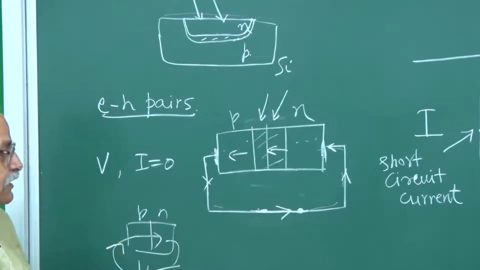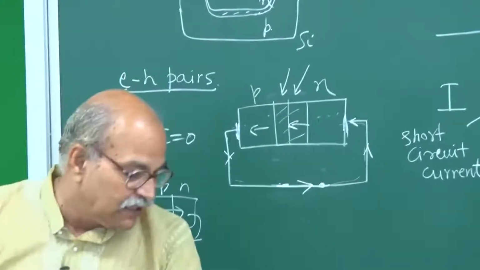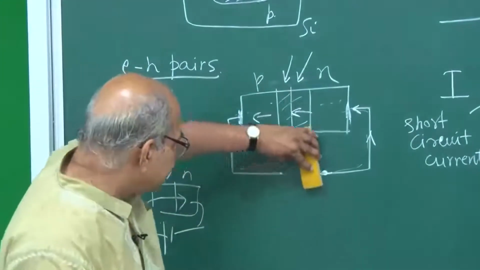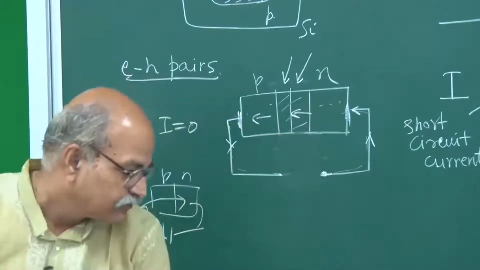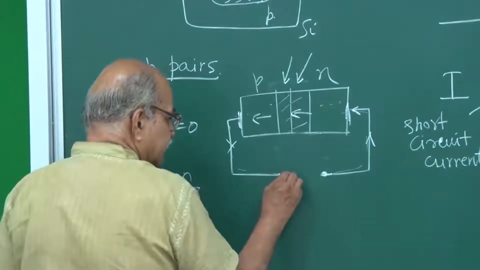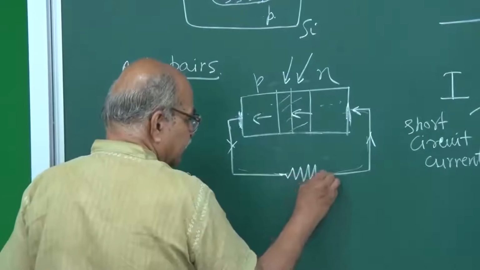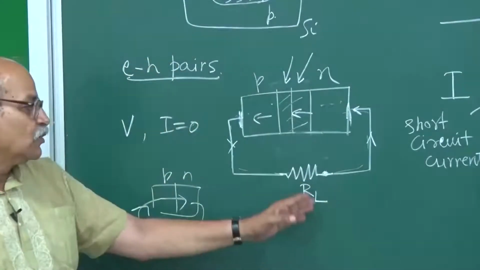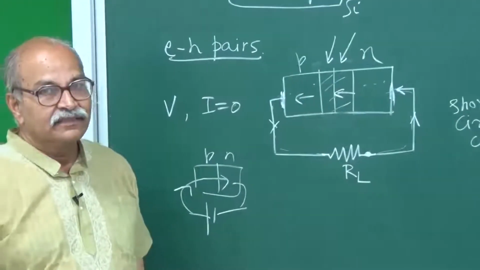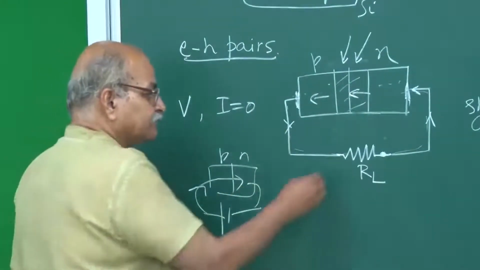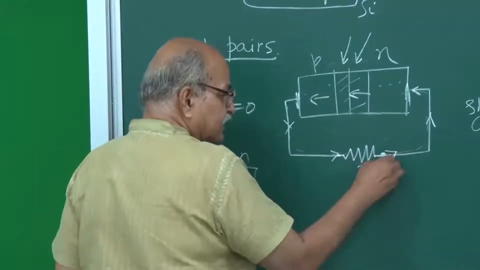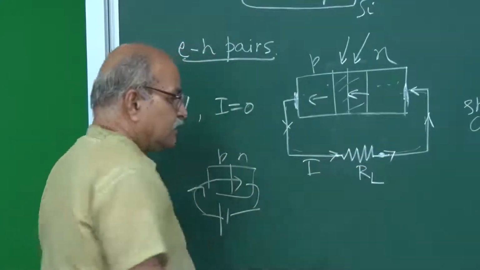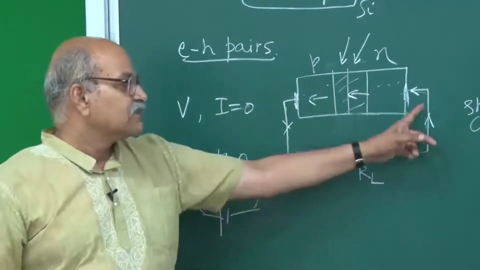Now in between, suppose I add a resistance here, I connect some motor or bulb, some load resistance is added. The current will be there, and if you have this RL here, with some current I, then I times RL will be the potential difference.